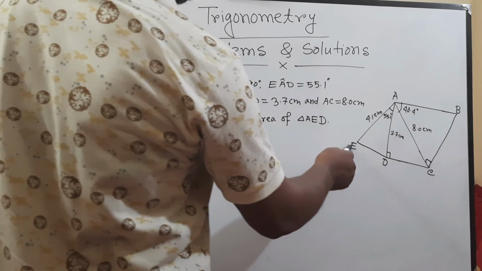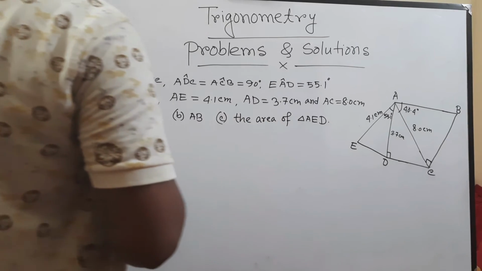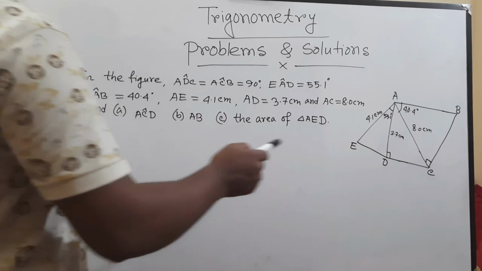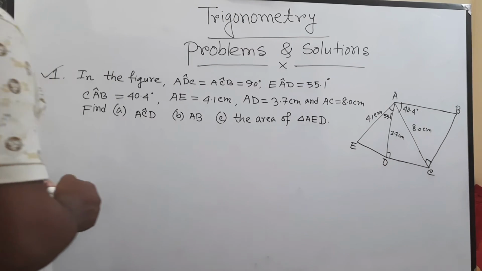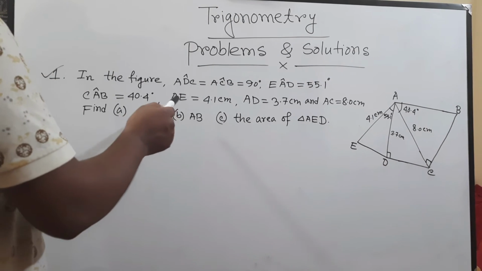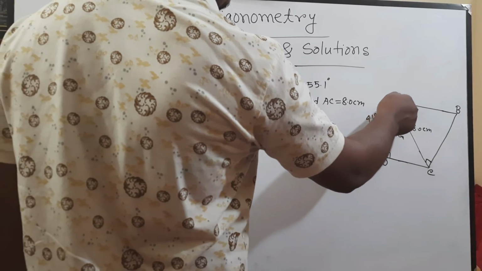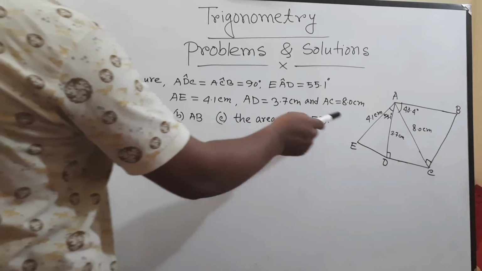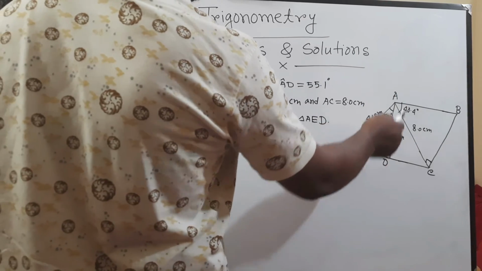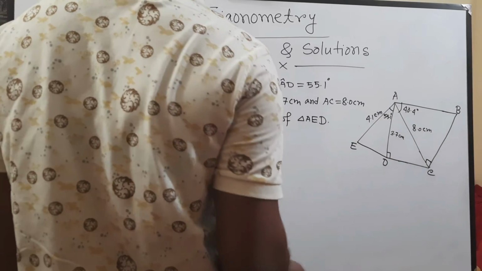Angle EAD is given 55.1 degree. Angle CAB is given 40.4 degree, and side AE equal 4.1 centimeter. AD equal 3.7 centimeter, and AC equal 8 centimeter.